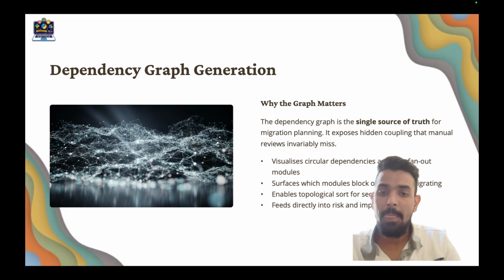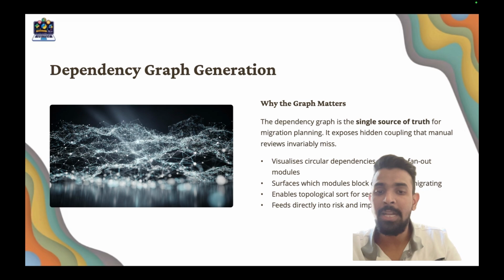For example, a notification service may appear to be an isolated feature. But once we generate the dependency graph, we discover it is used by account management, payment processing, loan approvals, fraud detection, and customer onboarding. That insight completely changes how we plan the migration. The graph also helps determine the migration order.